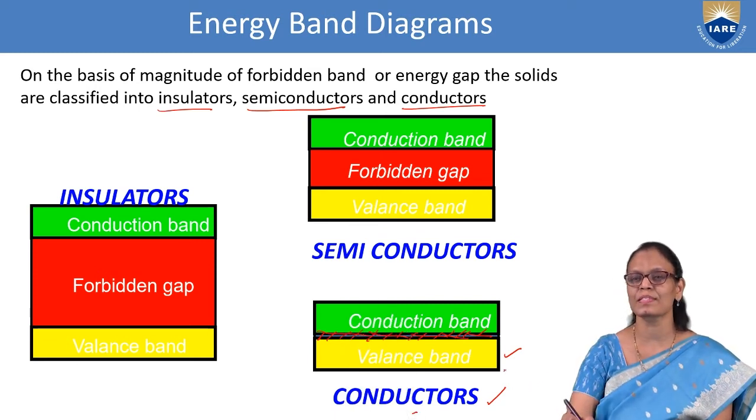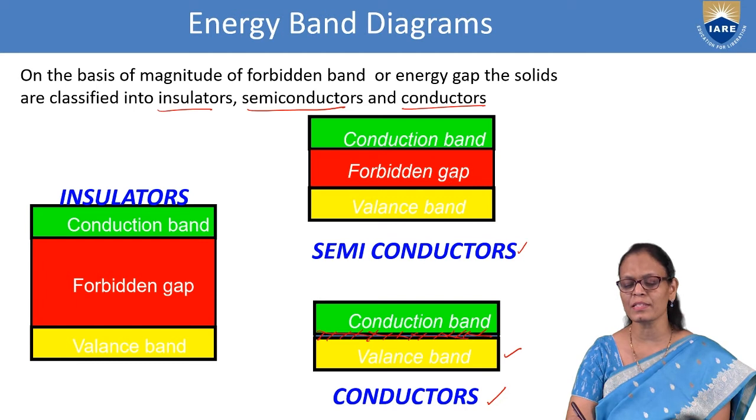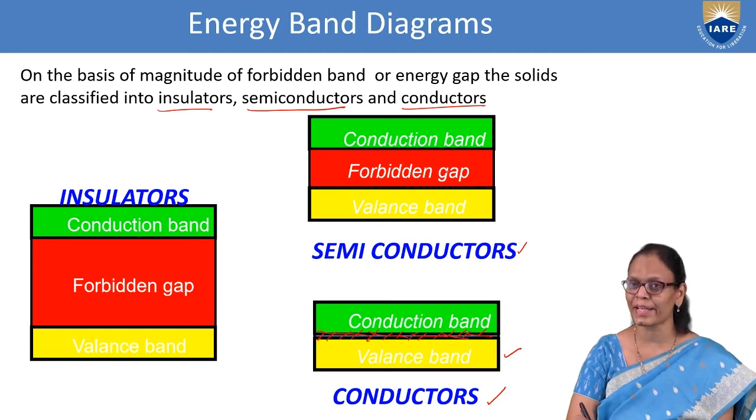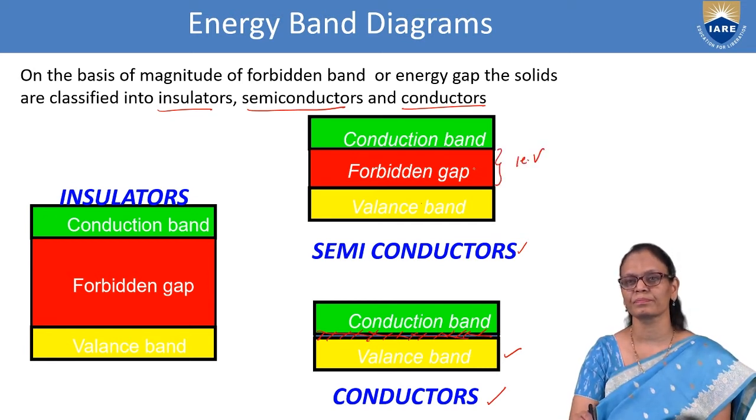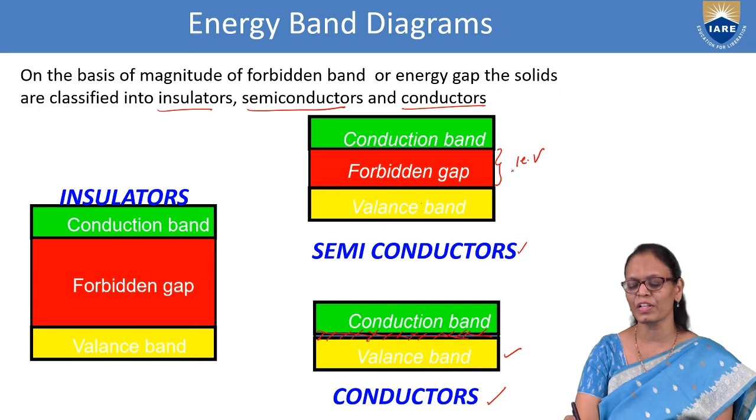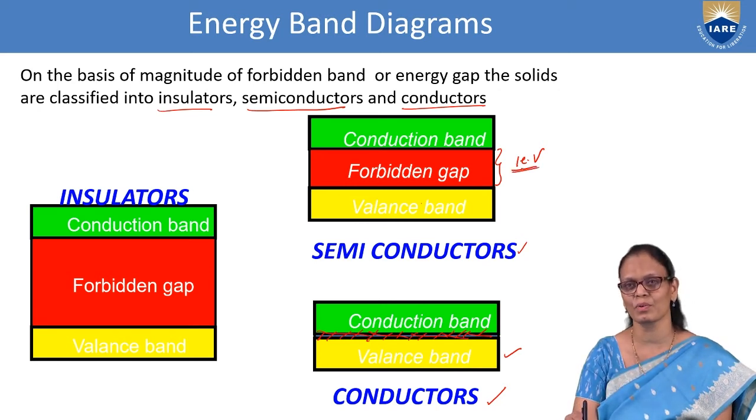Then we have semiconductors. In semiconductors, there is a gap between the valence band and the conduction band, but it is small, of the order of 1 electron volt. The valence band and conduction band are separated by a small forbidden band of the order of 1 electron volt.